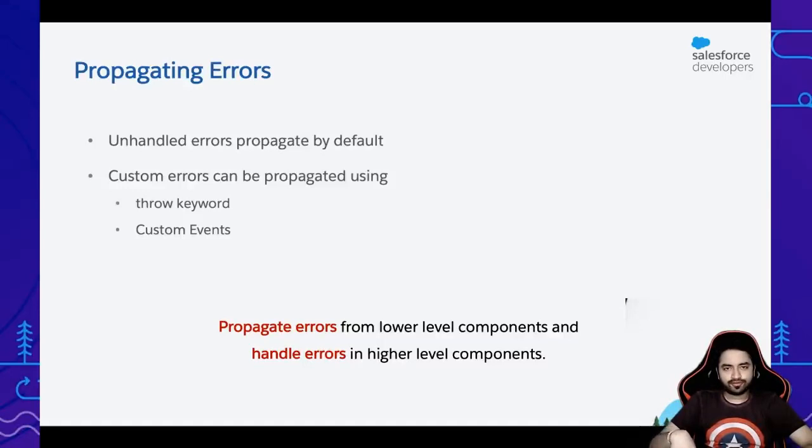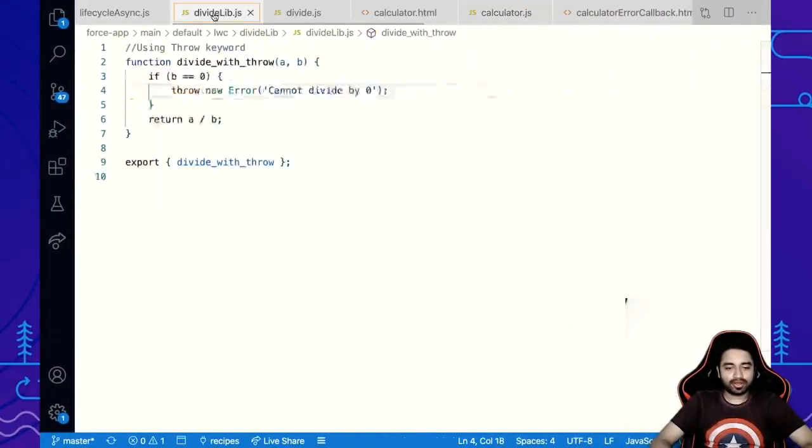The primary reason for that is the lower level components might not always know what is the best course of action to take. So consider this example where the divide library is present. Because this is a service component, and if I decide I have to throw an error, this service component can be used in multiple different ways. So how will the component decide what is the best way to show it?